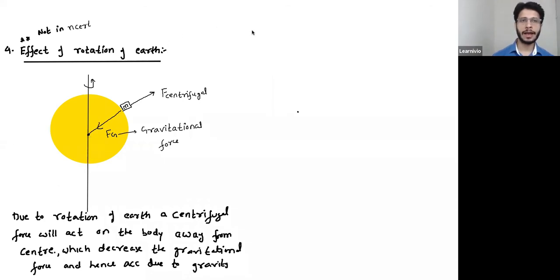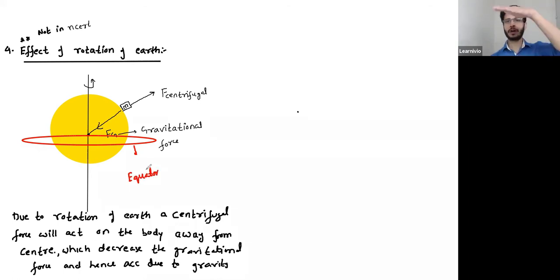So you know latitude, right? You know what is latitude? So if I say this is the equator, equator means a horizontal plane passing through the center of Earth. This is the mass, and with respect to this equatorial plane, this line is making an angle lambda.